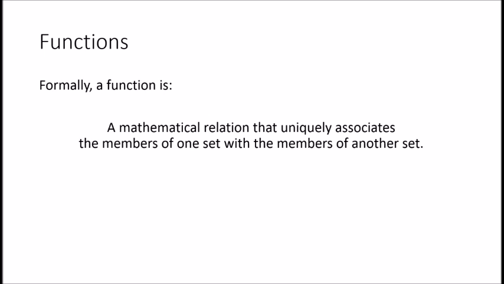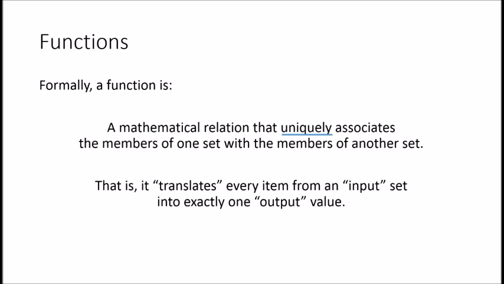So a function formally is a mathematical relationship that takes the elements of one set and uniquely associates them with the members of another set, or maps them onto that set. For every item in the input set, the function will translate that item into exactly one output value.